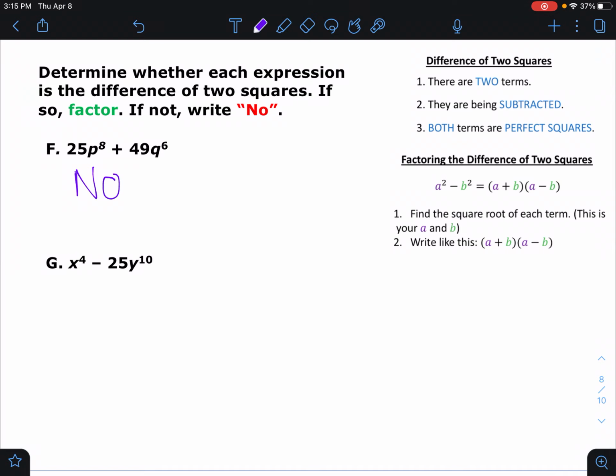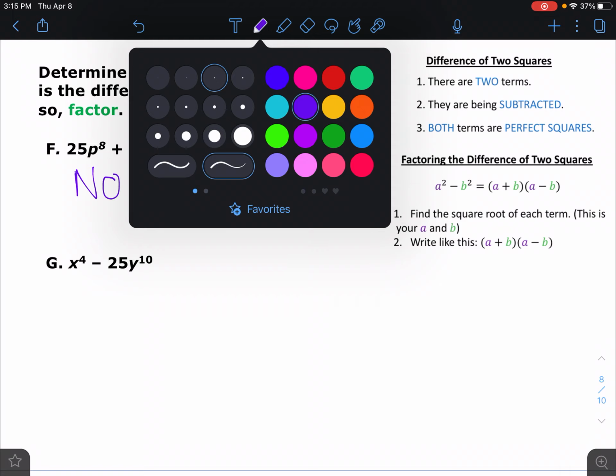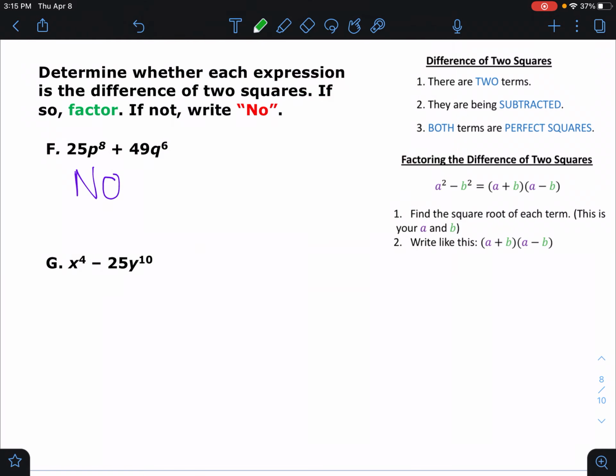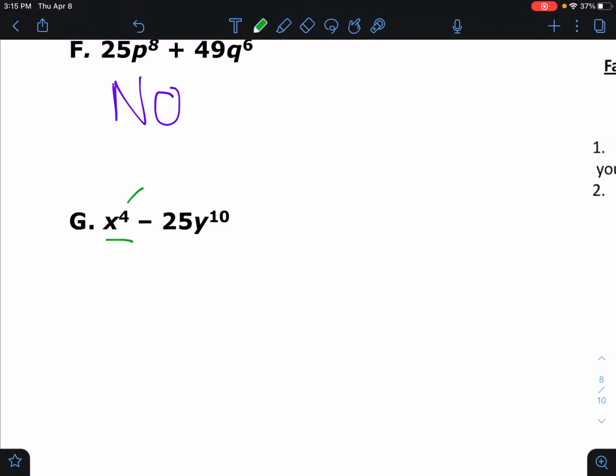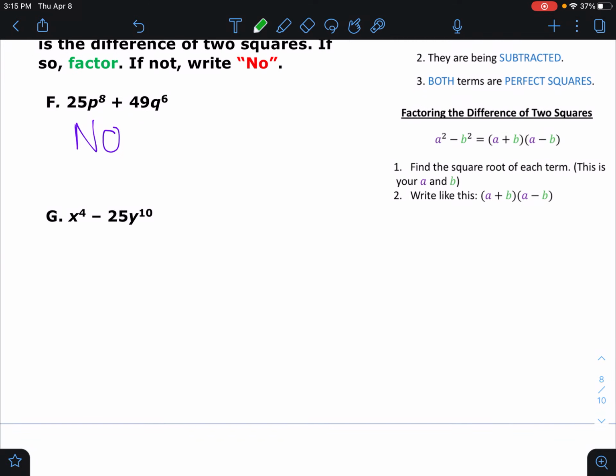Okay, let's try our last one here, part G. All right, so are there two terms? Yeah. Are we subtracting? Yes. Are they both perfect squares? Well, let's see. This is a variable raised to an even exponent, so we're okay there. 25 is a perfect square, and this is a variable raised to an even exponent. So we're good. Now take the square root of both terms. The square root of x to the fourth is x squared.